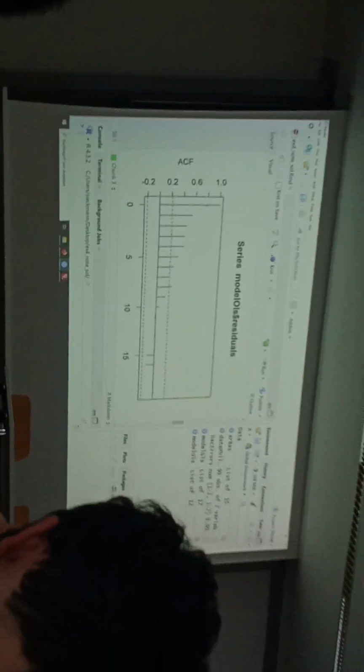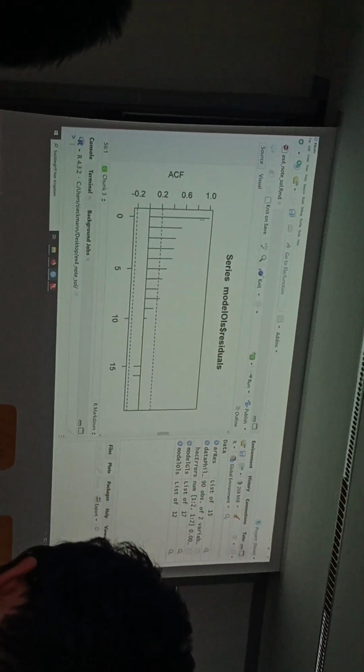The first line is the correlation of the observations with itself, so that's the variance, horizon 0. All of the other lines are the correlations at horizon 1, horizon 2, 3, 4, 5, and so on.